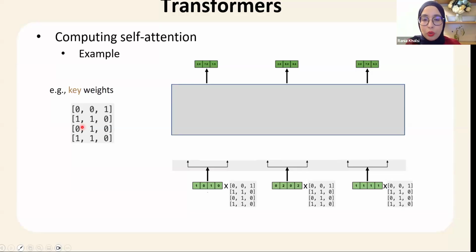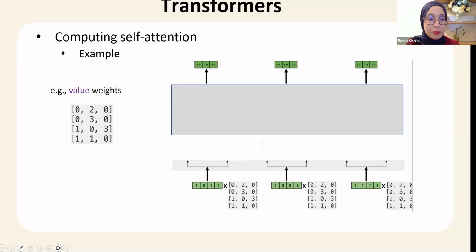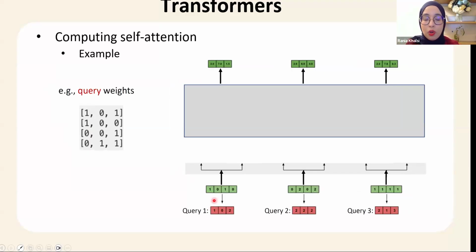What we do here is multiply the input token with the key matrix, and with the value matrix, and we obtain mainly the query.